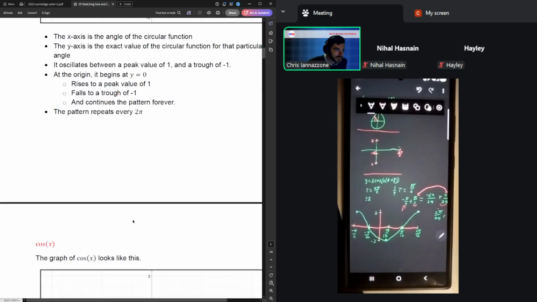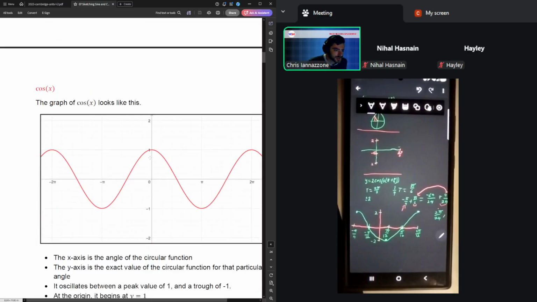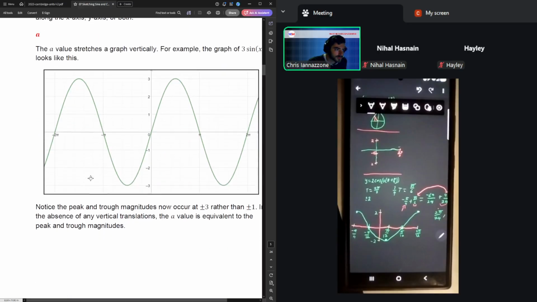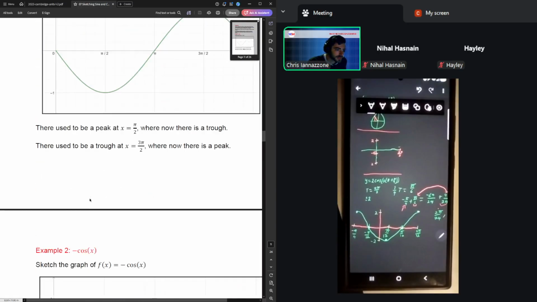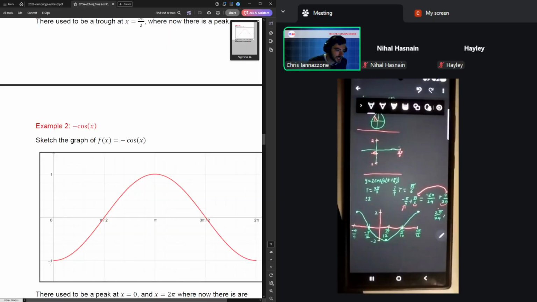So if I think about what the graph of cos looks like, its starting location is by default 0 because it has no transformations at all, and its starting location is a peak. If I had negative cos, then I'd be reading into my mind the negative cos graph instead and being like, okay, well this time it's now a negative one instead.